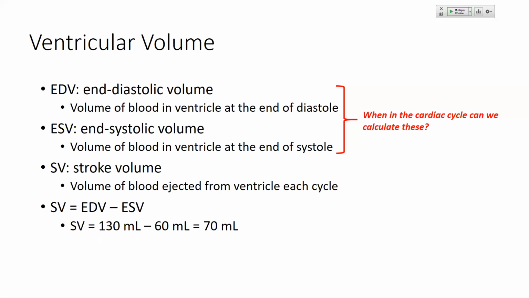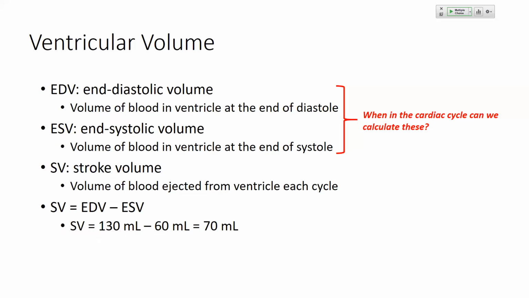To calculate it, take a typical end diastolic volume of about 130 mLs and subtract the typical end systolic volume, which is usually about 60 mLs, and we are left with 70 mLs. That 70 mL represents how much blood was actually squeezed out of the ventricle and into the aorta, into the vessel, sorry.